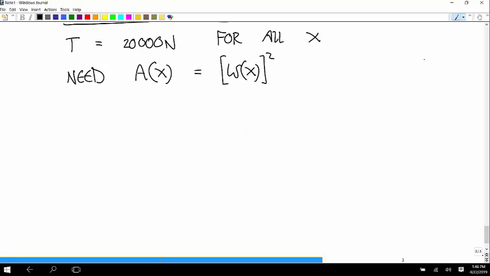If you think of a graph of the width as a function of x, it's going to start at 1 centimeter when x is equal to 0, and when x is equal to 0.5, it's going to be at 6 centimeters.